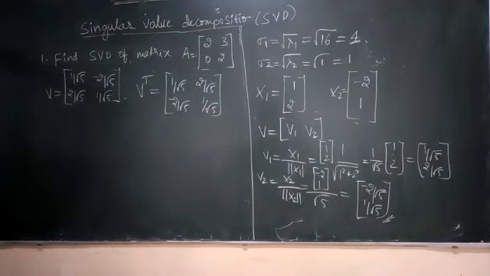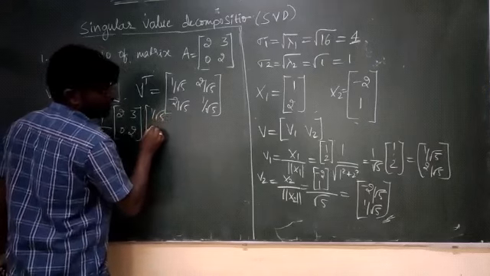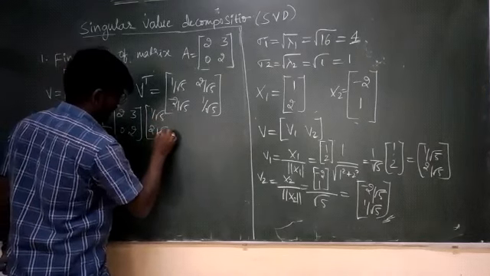The value of sigma 1 is 4. Therefore, A into 1 by sigma 1, which is 1 by 4. Matrix A is [2, 3; 0, 2], and V1 is 1 by root 5 and 2 by root 5.